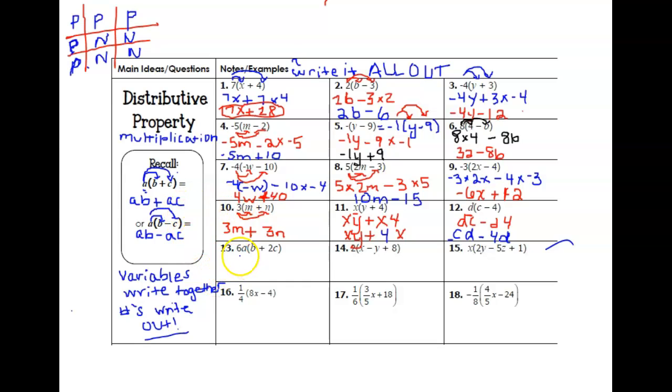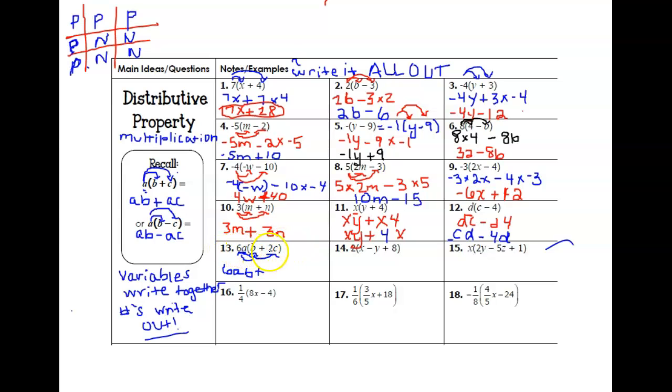I got a 6A. Now this has a variable with it. So that means that I'm going to use the same rule. I'll write the variables together. So this is going to just be a 6AB plus, and then I multiply it times the 2C. Now this is tricky, guys. This is something that we need to write out.